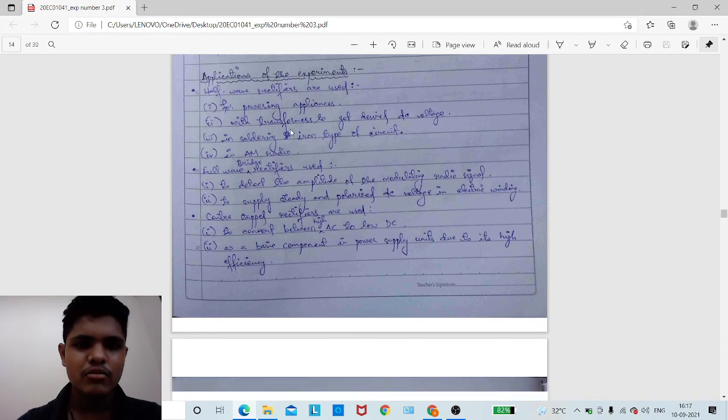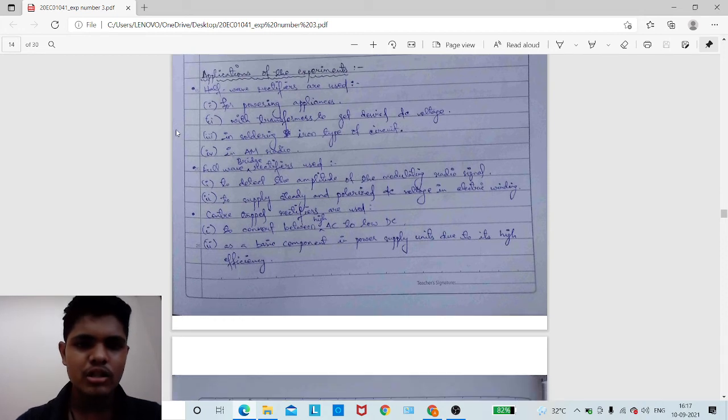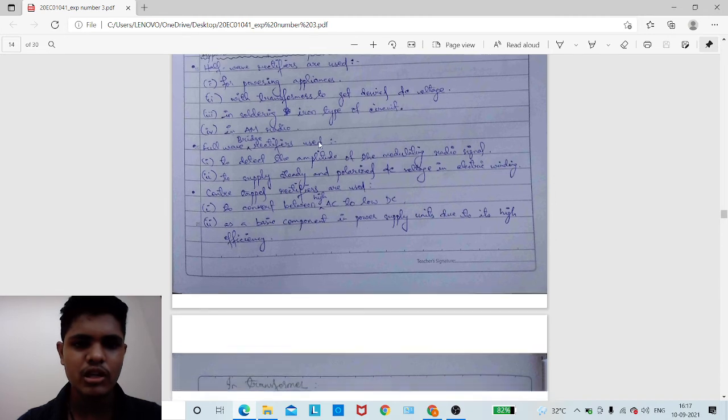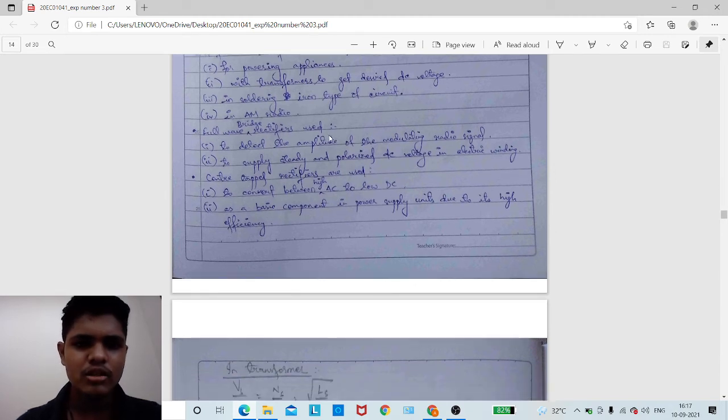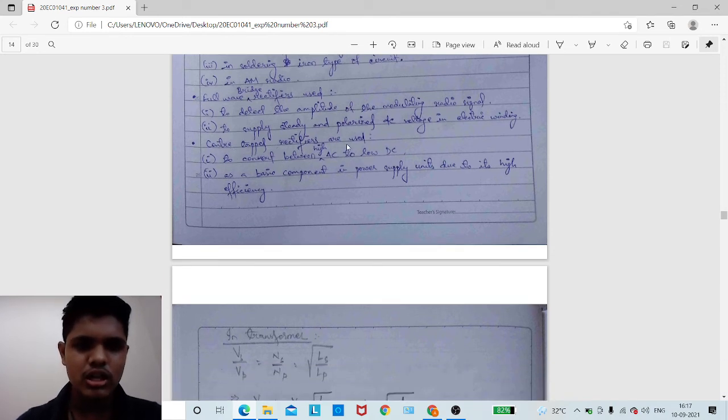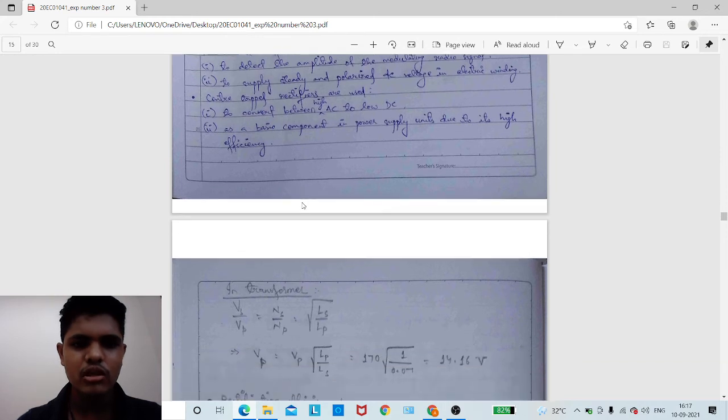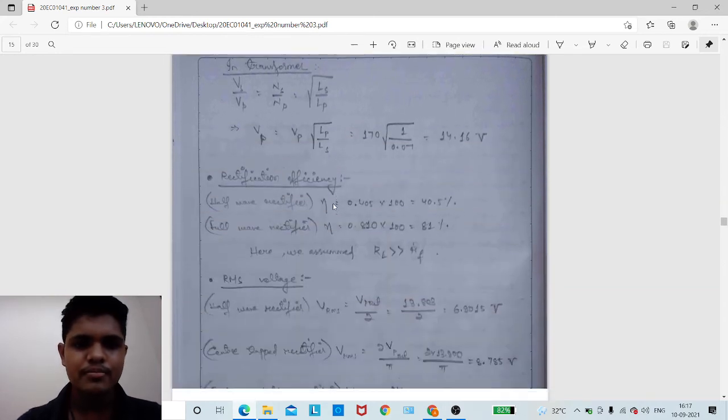Coming to the applications of the experiment, half wave rectifiers are used in powering appliances in AM radio and in soldering iron type circuits. Full wave bridge rectifiers are used to detect the amplitude of modulating radio signals. Center tap rectifiers are used to convert high AC to low DC.